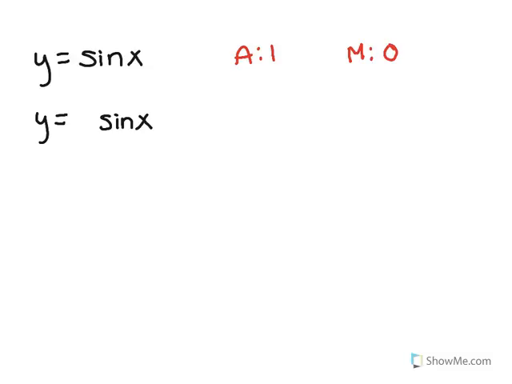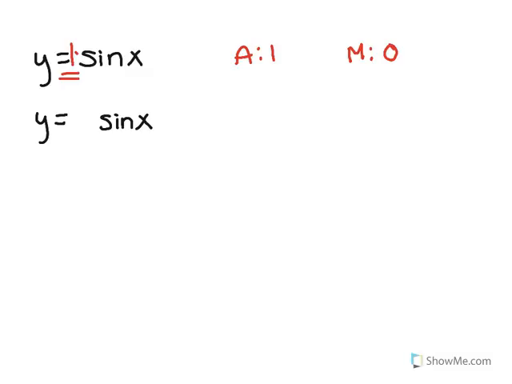We can actually see these numbers within this function. You can't see them right away because they're hidden, but they do exist. In front of the sine function here, that is where that 1 lies, and it's being multiplied by that sine. So the coefficient of sine is going to represent our amplitude.